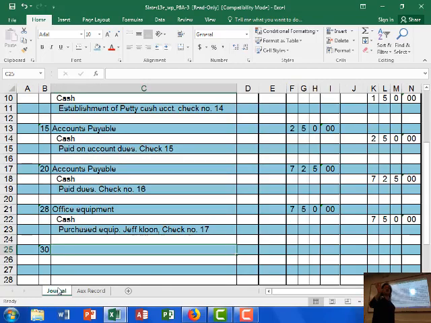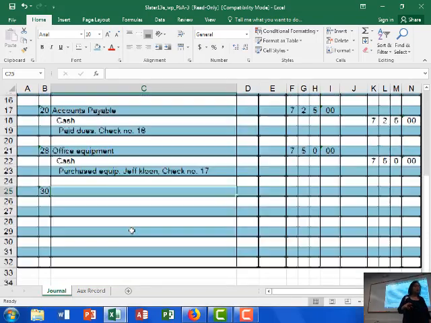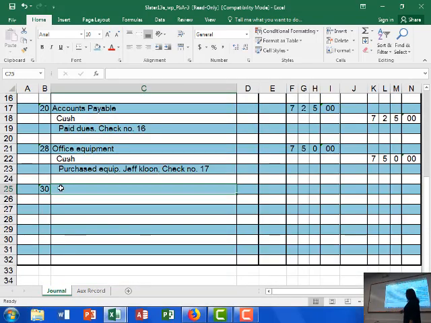So you go back, of course, making sure that you're saving this. Now we go back to the general journal, and on the 30th, you're going to say what? Petty cash for how much? Well, we're not going to debit it. We actually have to show all the expenses.